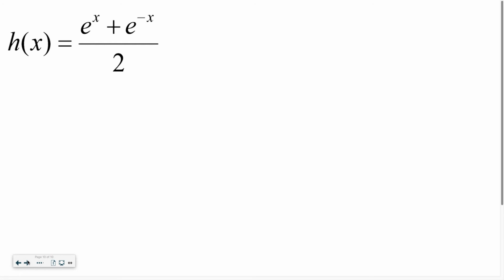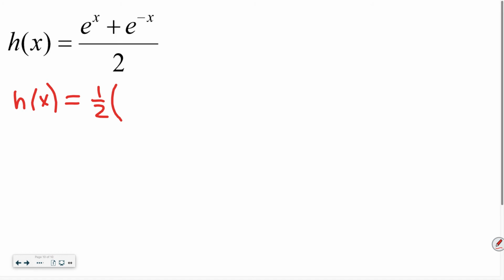Okay, so h of x. We have two series that we need to add together and divide by 2. So I'm just going to go ahead and divide by 2 by just putting 1/2 out in front. Is that okay? That's okay.